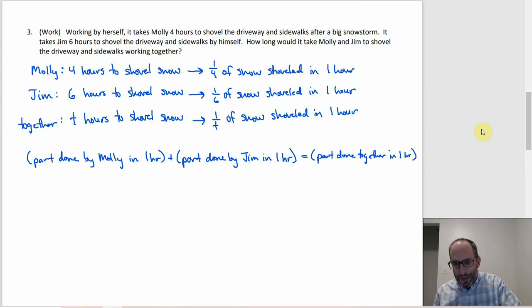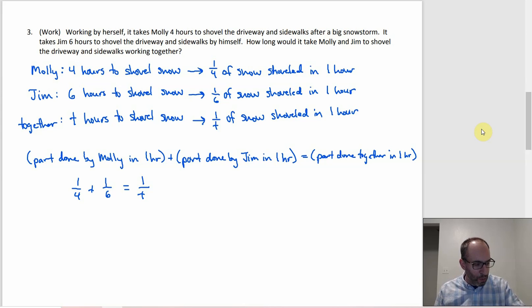Barely got it on the page. All right. So then, well, we know what these are. So this would be 1/4 for Molly plus 1/6 for Jim equals 1/t. And then what we're solving for is t, right? How long would it take them if they're working together?